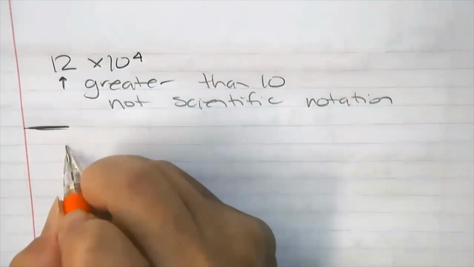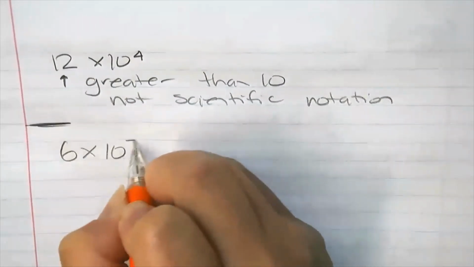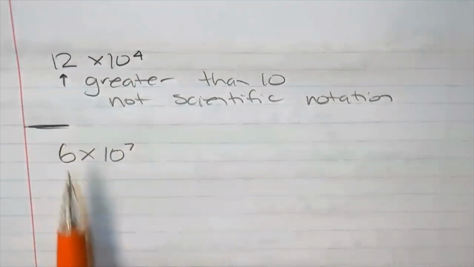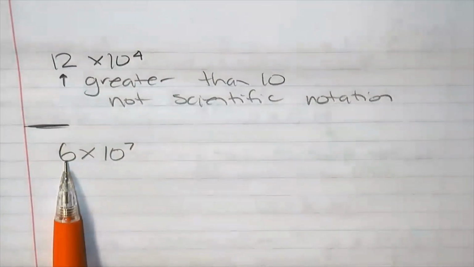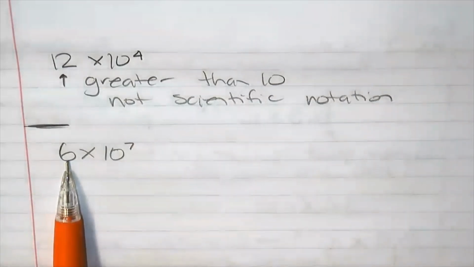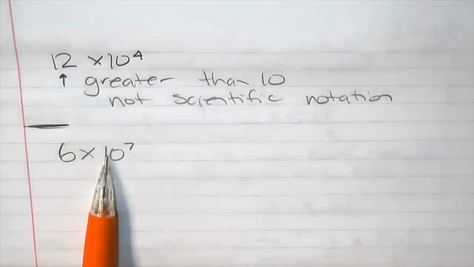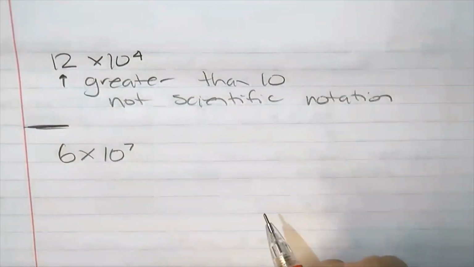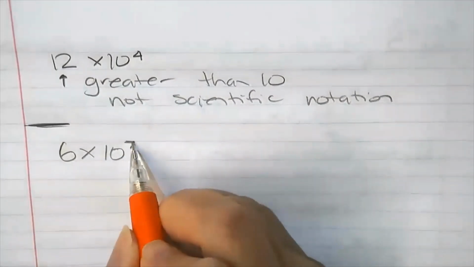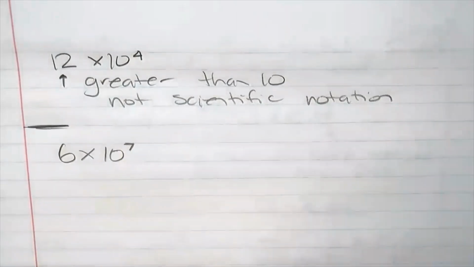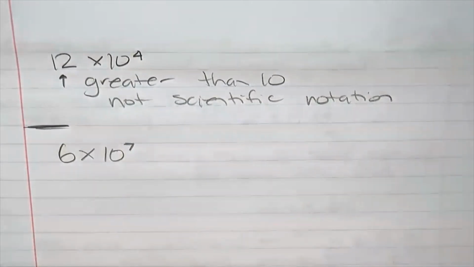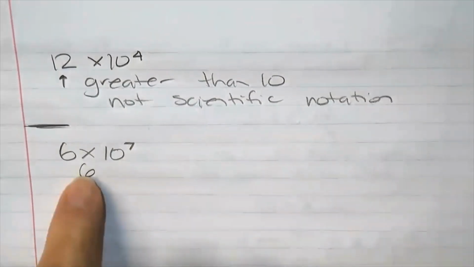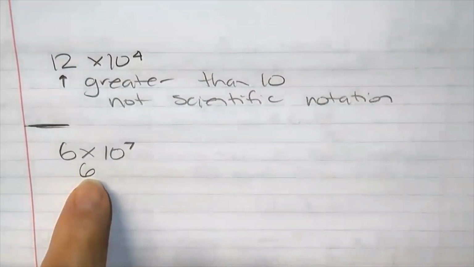Okay, we've got 6 times 10 to the 7th power. Is this written in scientific notation? Is my first factor between 1 and 10? Yes, it is. And I have a positive power of 10. So this is written in scientific notation. The 7 is positive, so I'm moving my decimal to the right, 7 places, but I don't see a decimal.